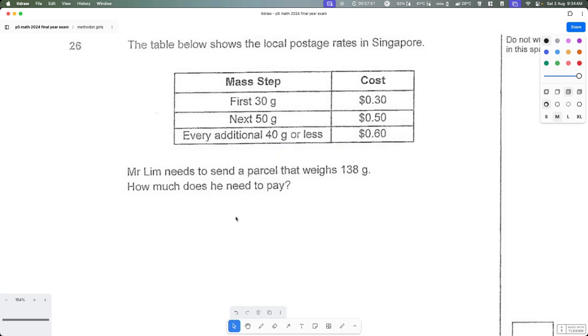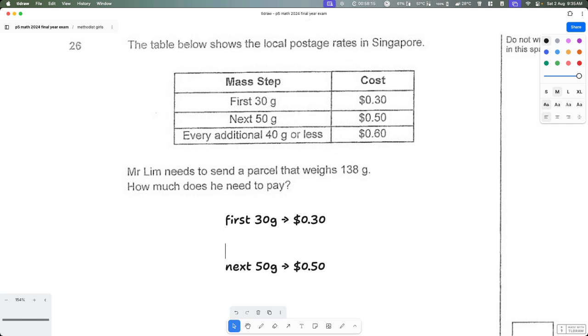So first 30 grams, he already paid 30 cents, right? $0.30. Okay, and then next 50 grams, right?